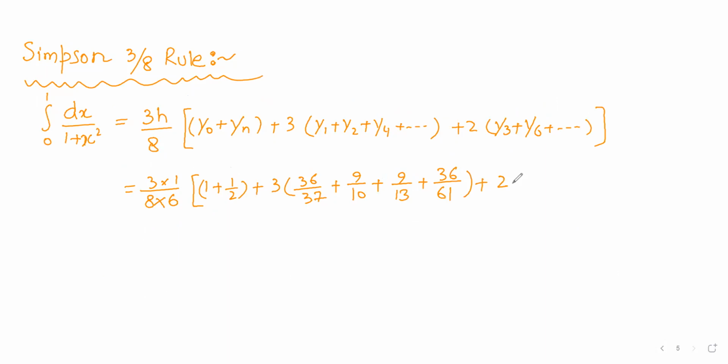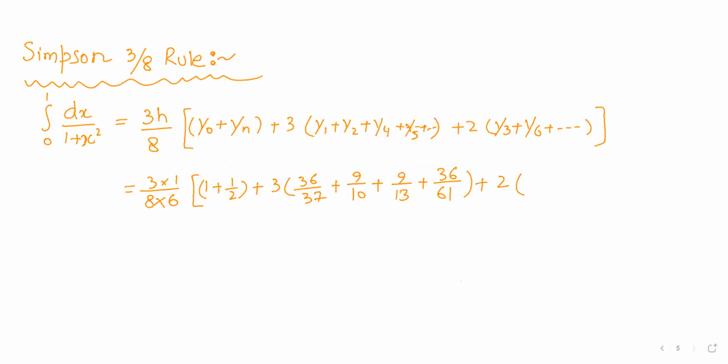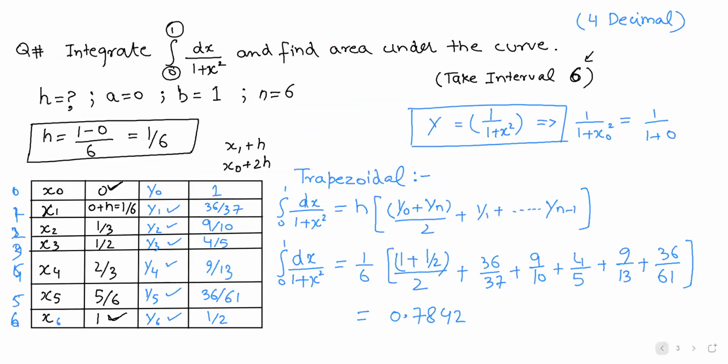Plus 2 into, it will include only y3 and y6. So 2, what is the value of y3? y3 is given by 4 by 5, plus y6. What is the value of y6?